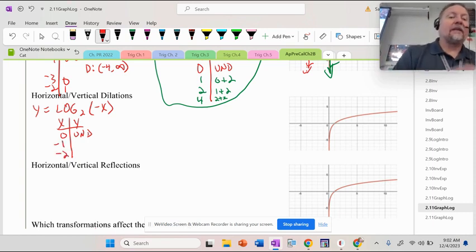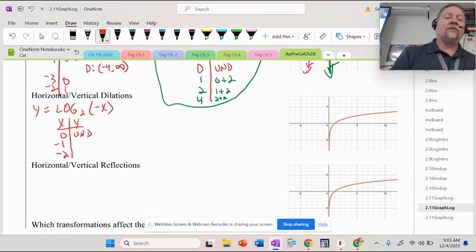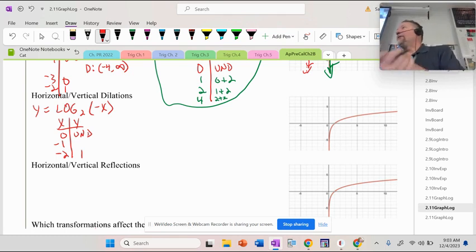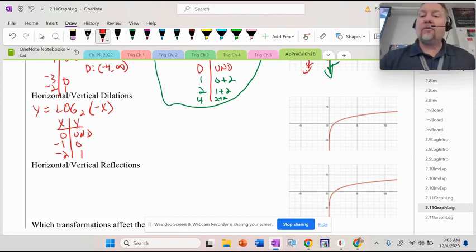So when I plug in -2, that becomes -(-2), which is 2. What's log base 2 of 2, everyone? 3, 2, 1, go. 1. I'm not going to wait for you. All right. And then when I plug in a -1, -(-1) is 1. 2 to what power equals 1? 0. So this is flipped. -2 comma 1.